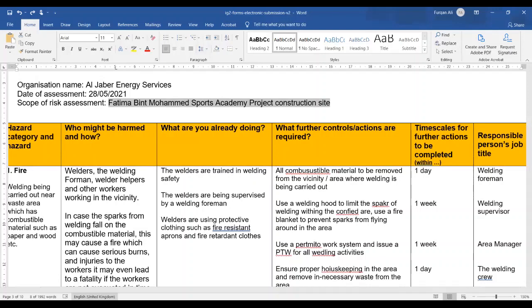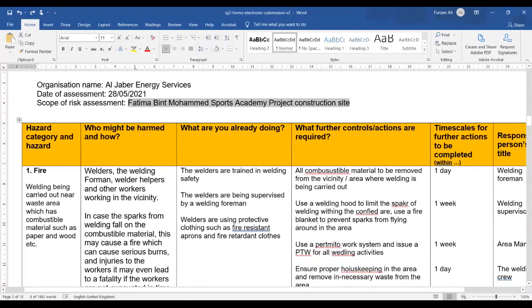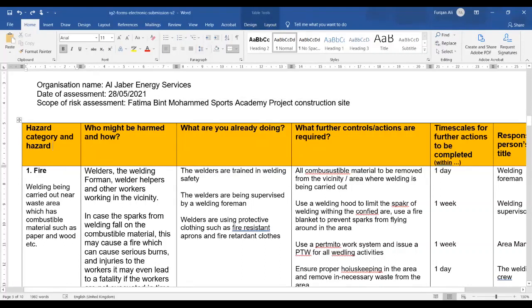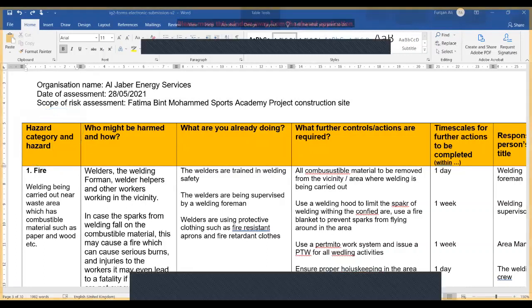Now comes the important part. Now you guys need to carry out the risk assessment. This is the standard table they have given. So first you need to mention the hazard and hazard category. So in the first column, you need to mention the hazard and the hazard category. Okay. Now, when you're mentioning the hazard and the category, you need to mention the hazard categories defined in the NEBOSH syllabus.